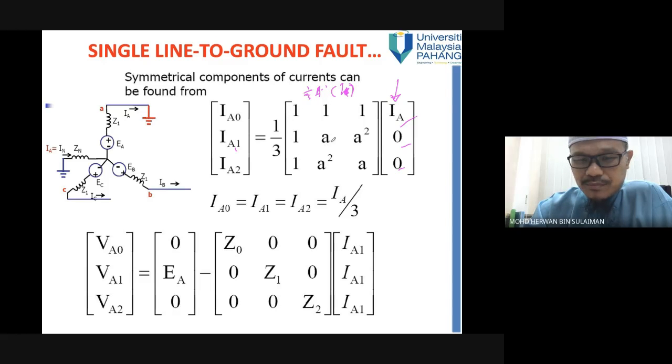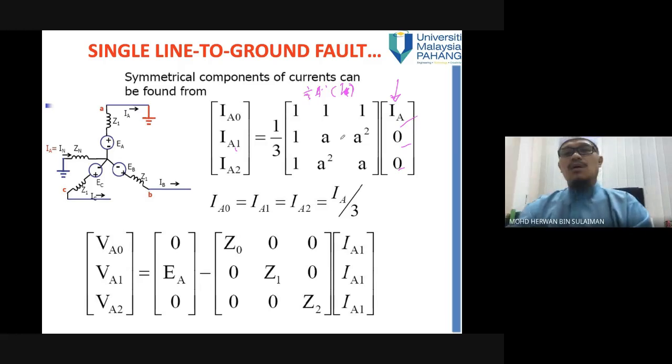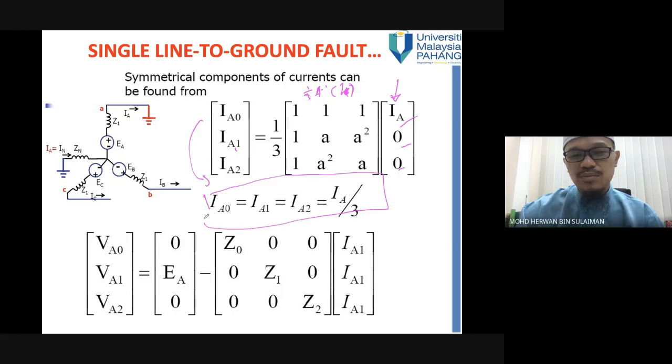When you do the expansion, you get IA0, IA1 and IA2. When you expand 1/3, you have IA, and then the rest is 0, right? So this one is not used because it is already empty. Meaning that now you get your IA0 equal to IA2 equal to IA1.